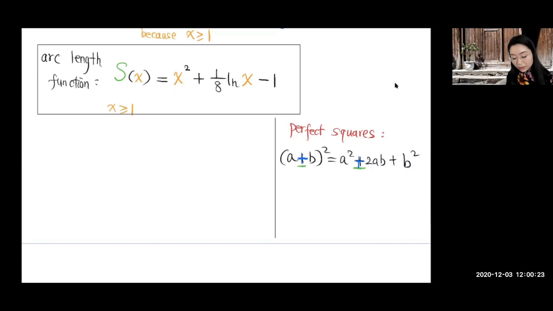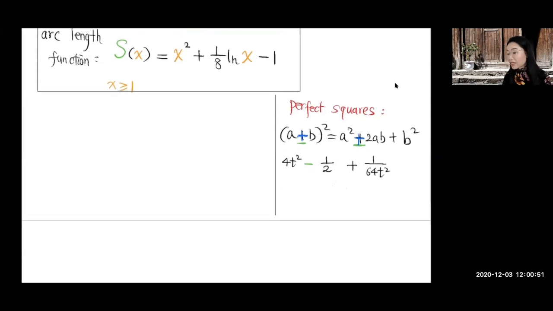So the one that we had before, what was it? Let me write it down. I have 4t squared minus 1/2, and then plus 1 over 64t squared.